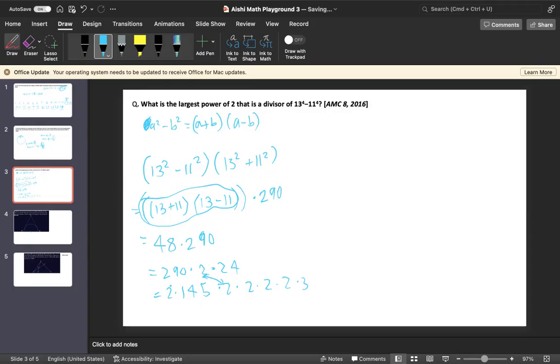Look at how many 2s we have here. We have 1, 2, 3, 4, 5. So our answer would be 2 to the power of 5, which is equal to 32. And 32 is the largest power of 2 that is a divisor of 13 to the power 4 minus 11 to the power 4.